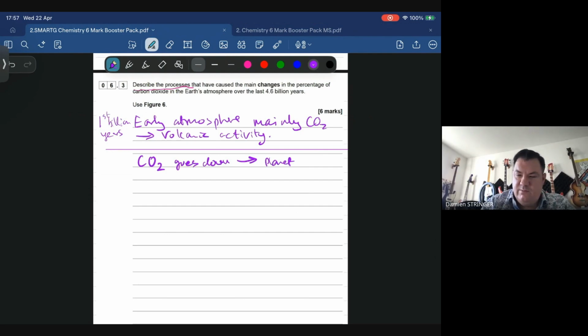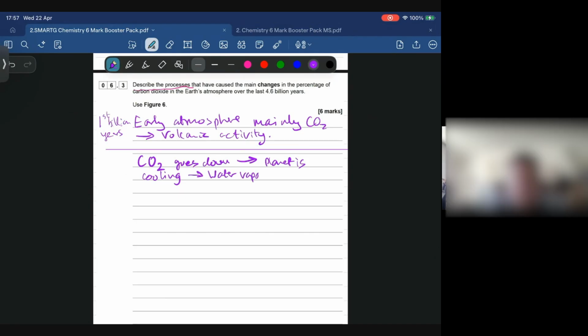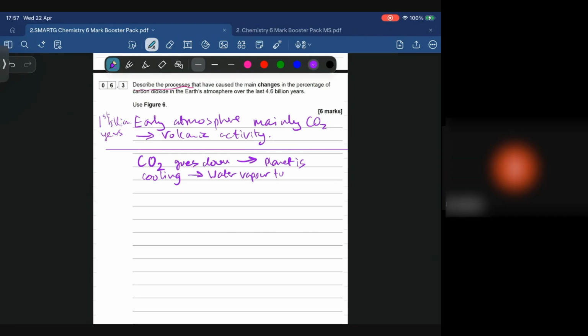Planet is cooling. What does that mean for the water vapor? Does it mean that the water vapor can turn into a liquid? Yeah.